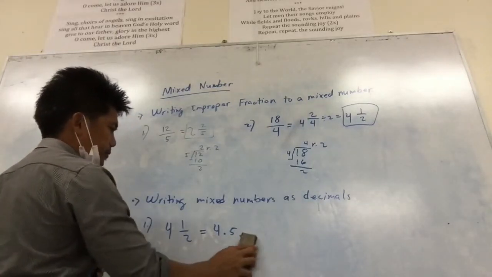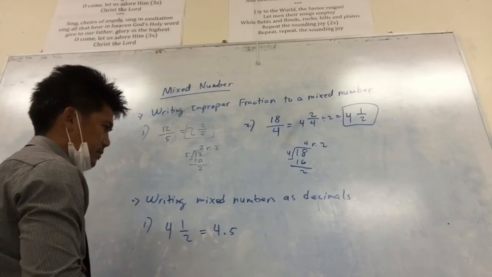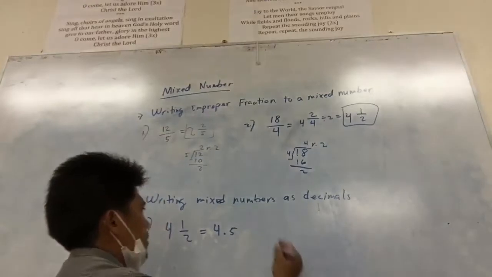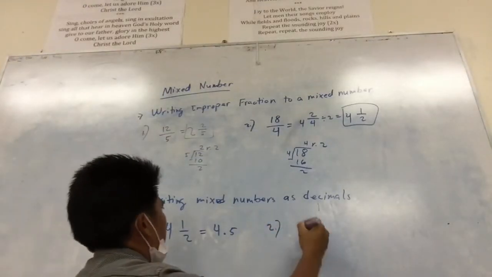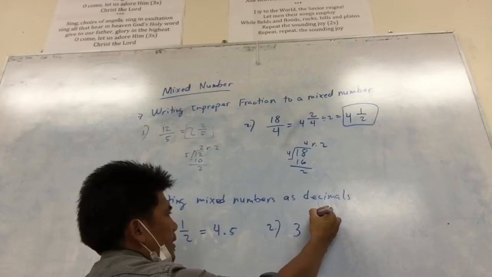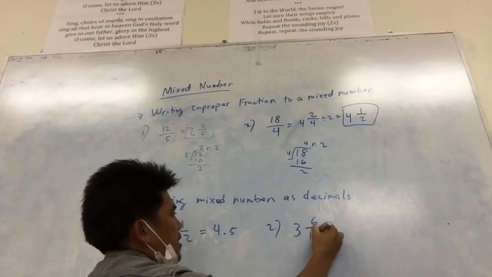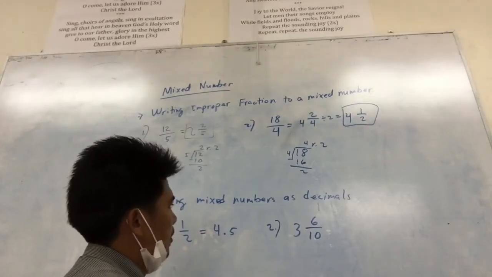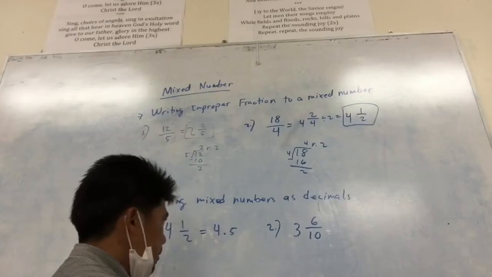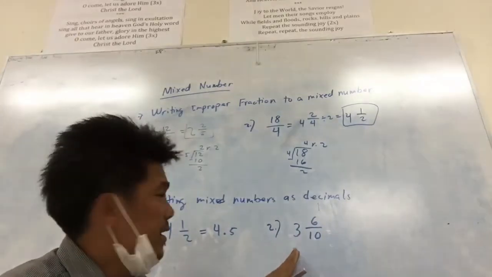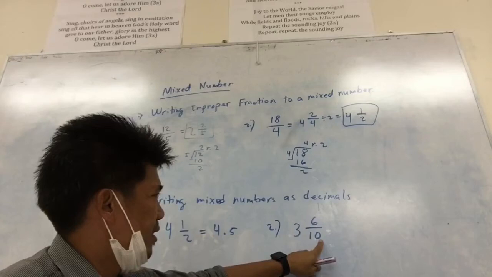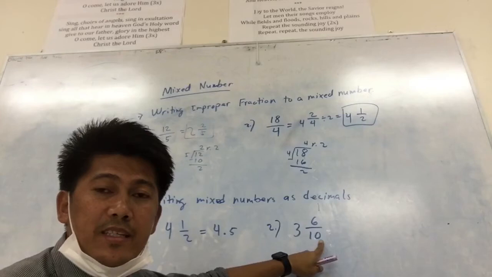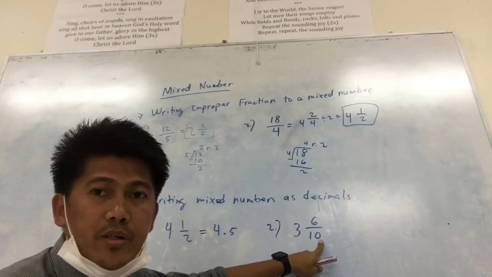Alright. Another example. Let's say number 2, 3 and 6/10. We discussed this already: if a number is divided by 10 or 100, you just move the decimal to the left depending on the number.